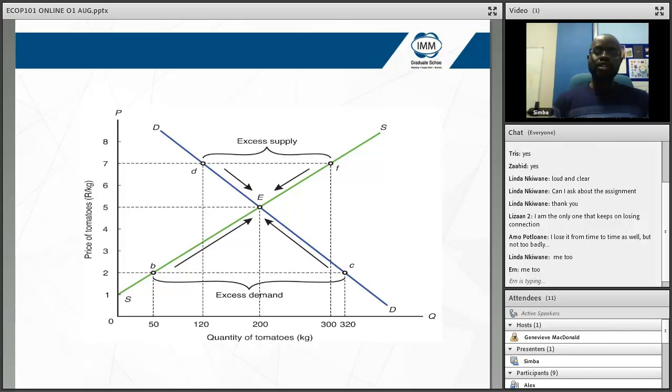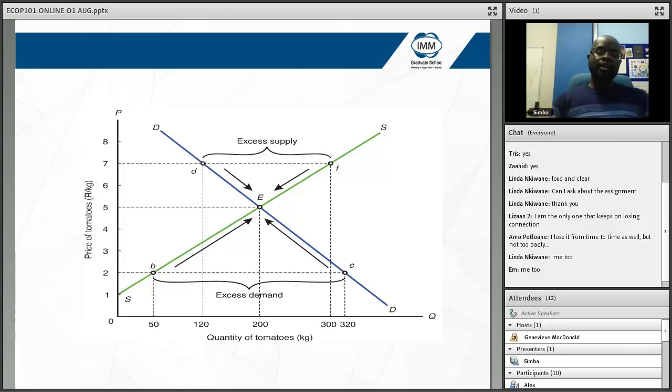As the price starts to increase, quantity demanded will start to decrease, whilst quantity supplied will start to increase until we meet at the equilibrium price, which will be 5 rand. So now we are saying the forces of demand and supply have stabilized the price.